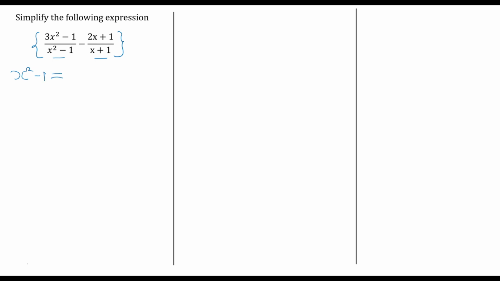This one resonates with a principle of quadratics we call a difference of two squares, written as a squared minus b squared is equal to (a plus b)(a minus b).